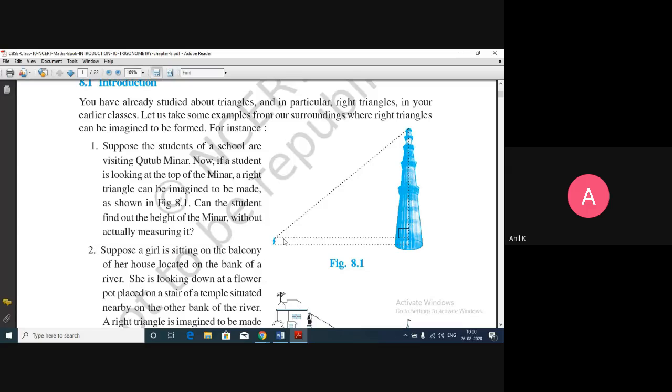If I know a few basic things, so this is the Qutub Minar and this is the ground, and the man is standing at a distance from the Qutub Minar and he is looking at the top of the Qutub Minar. If I know this angle, there is an instrument to measure this angle, and you can measure this distance from the Qutub Minar, how far he or she is standing from the Qutub Minar base, then you can easily measure the height of the Qutub Minar.